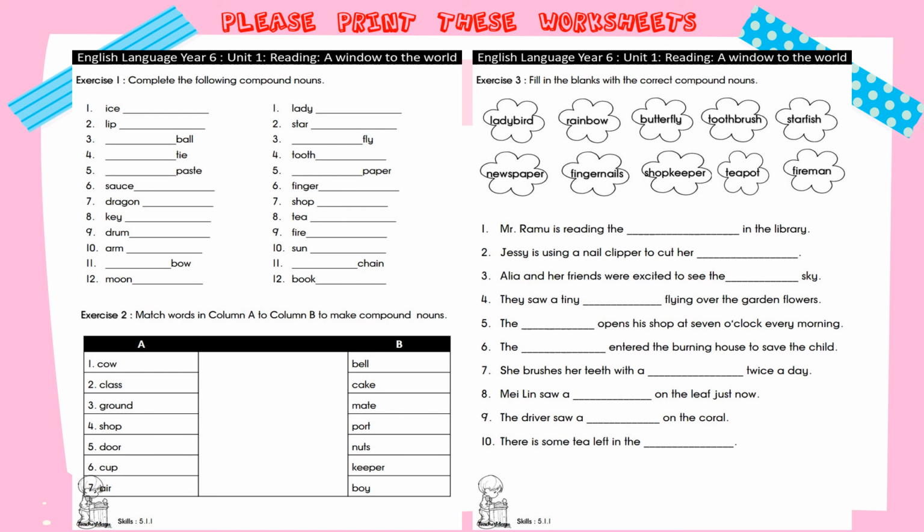So write the word the newspaper here. So, number 2. Jessie is using a nail clipper to cut her fingernails. So right here. So can you do it until number 10? Of course you can.